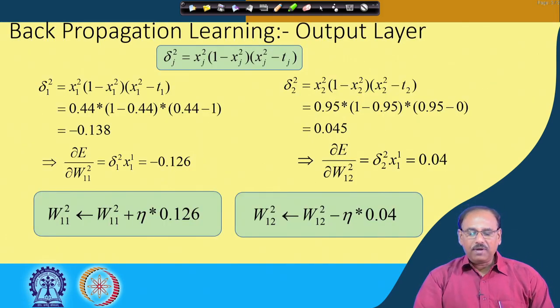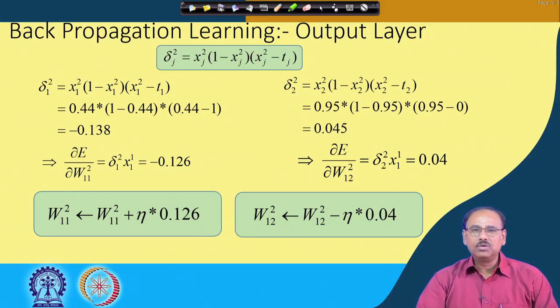I define del j2, as already defined, as x j2 into 1 minus x j2 into x j2 minus tj. You remember x j2 minus tj is the jth error component of the output error vector. So, for different values of j, I compute delta 1 2.